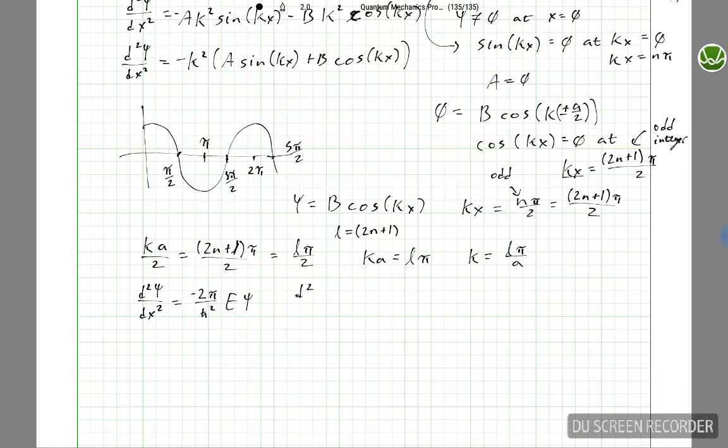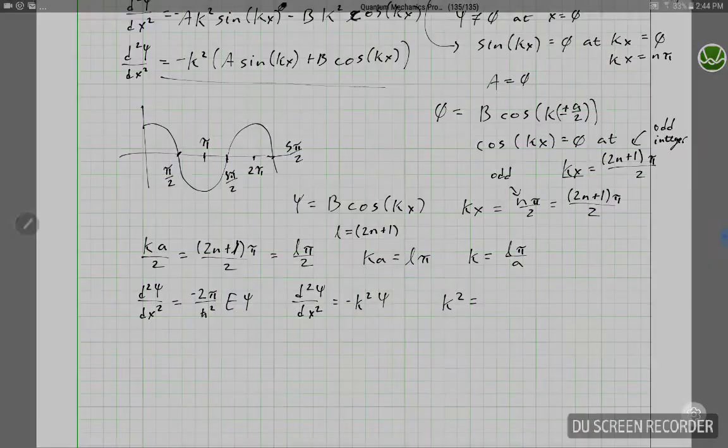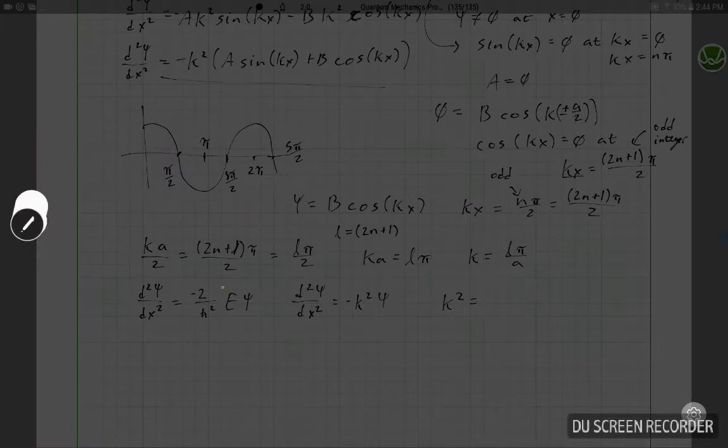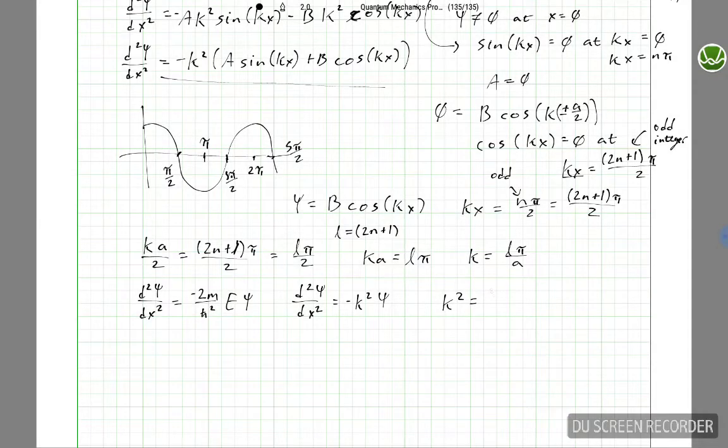Or if I do it in terms of my k's, like up here, meaning that my k squared equals 2m over h bar squared times energy.